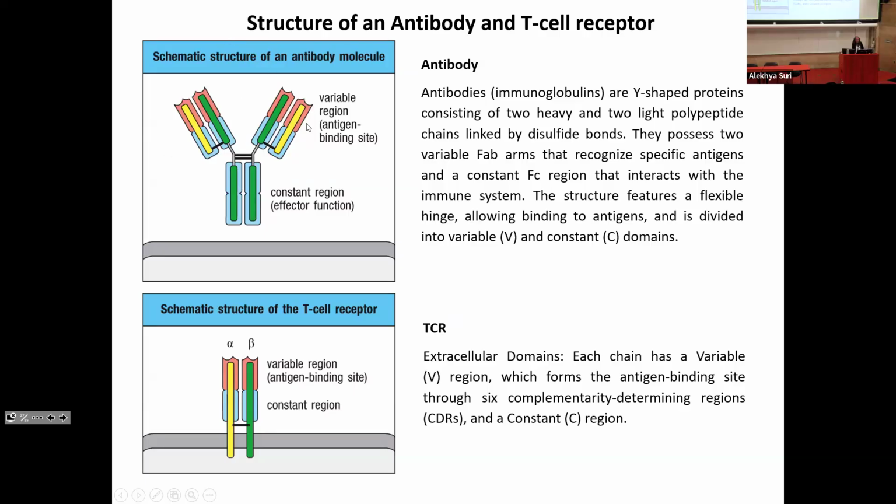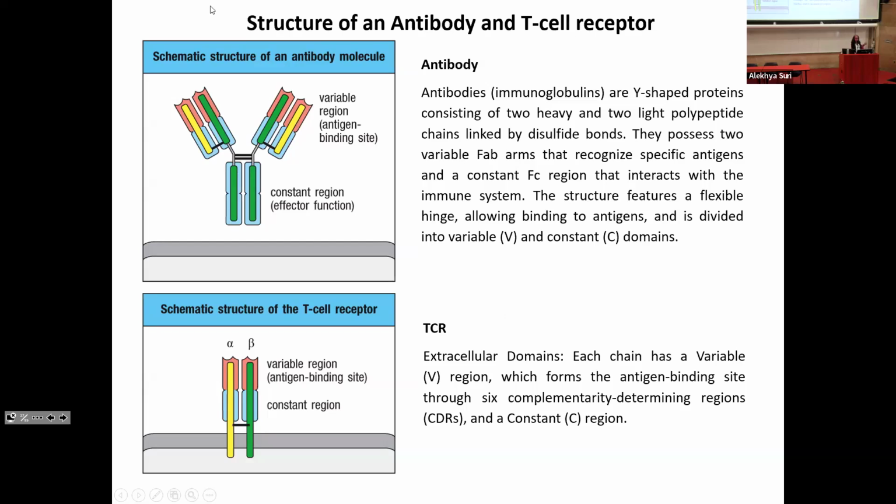And within this variable region, there are regions where rearrangement occurs, and that rearrangement of genes can give rise to a huge number of different B cell receptors. That is what allows it to specifically bind to one antigen or another.